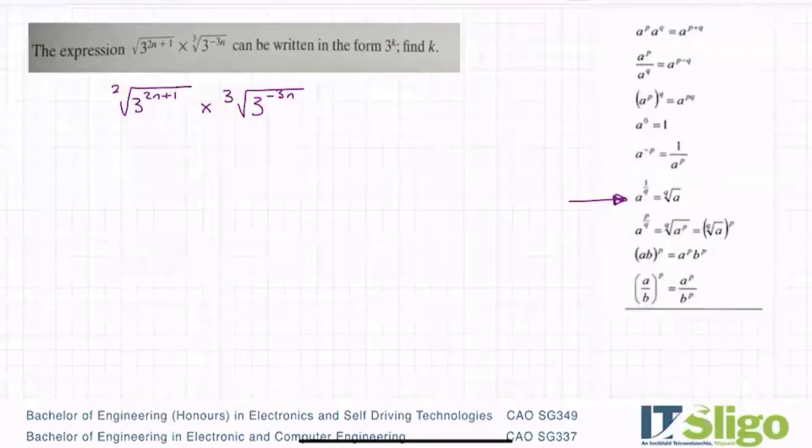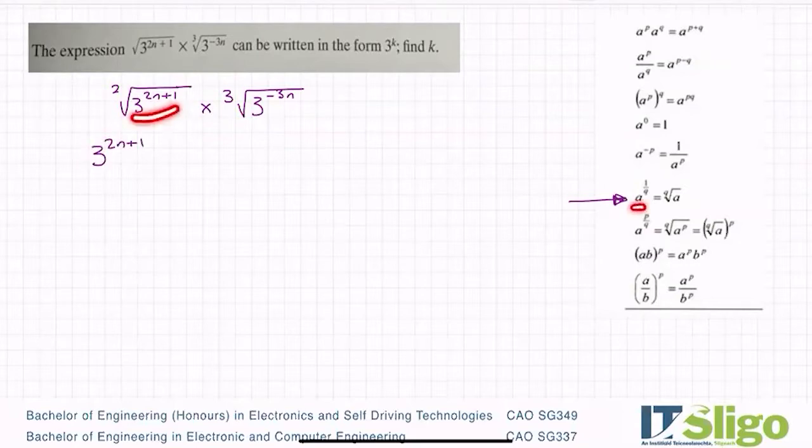Okay, so if I use that rule that I've highlighted over here, then that becomes 3 to the power of 2n plus 1. That whole thing is what's called the base number, which is a in this question. And the whole thing then is to the power of 1 over 2, or a half. Okay, and with time, you will get so used to writing the square root sign as power of a half.